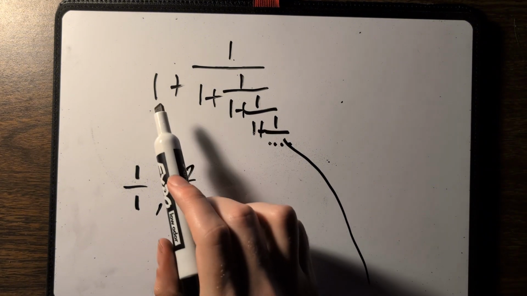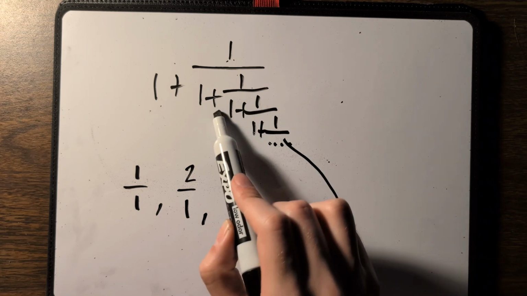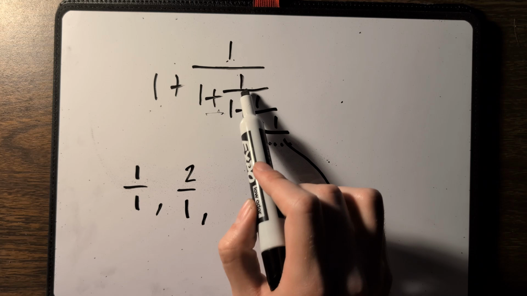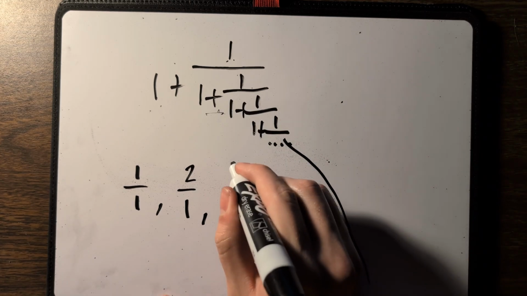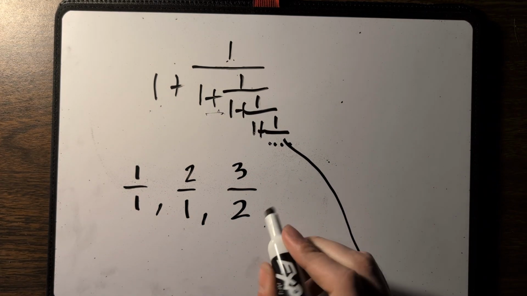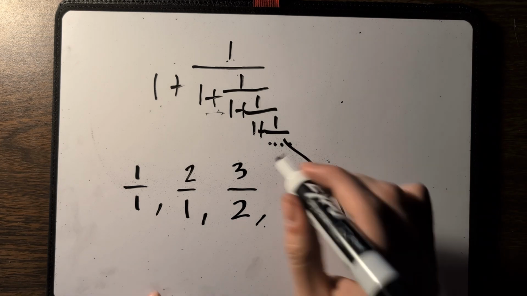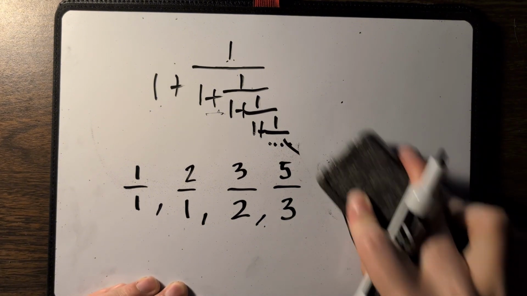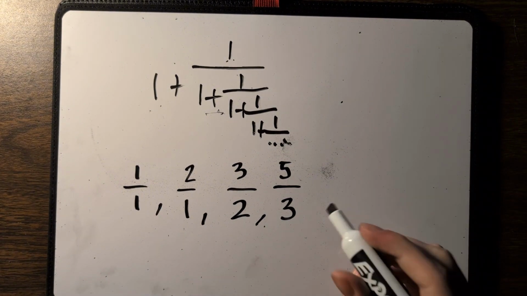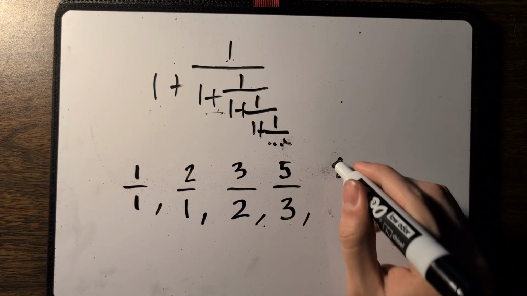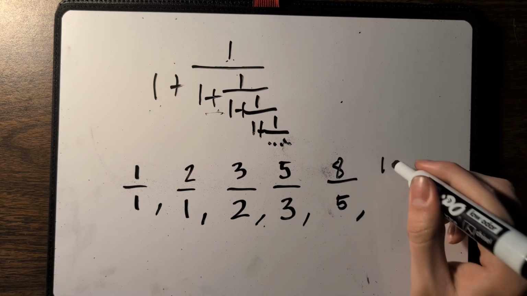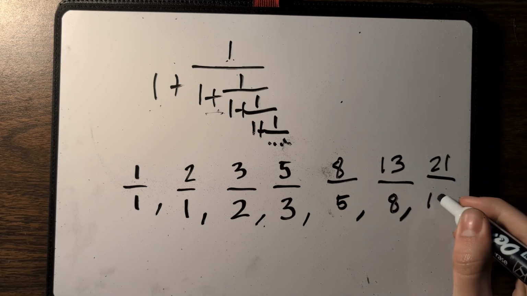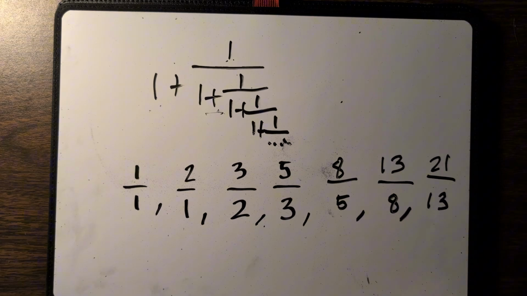The third, 1 plus 1 over 2, is going to be 3 halves. Our next one is going to be 5 thirds. Next one will be 8 fifths. Next one will be 13 eighths. And the last one I'll do is 21 thirteenths.